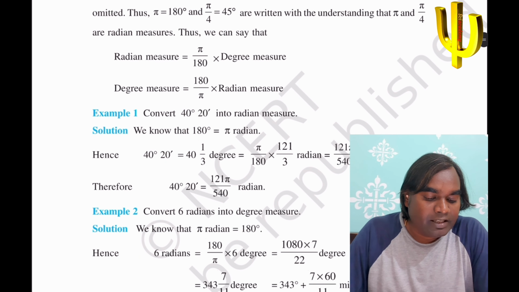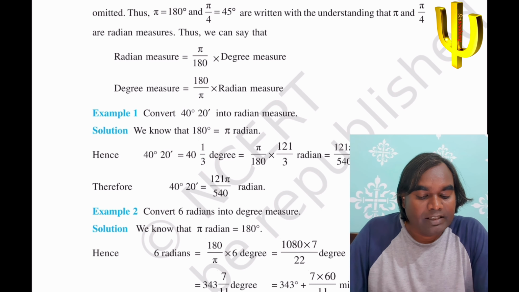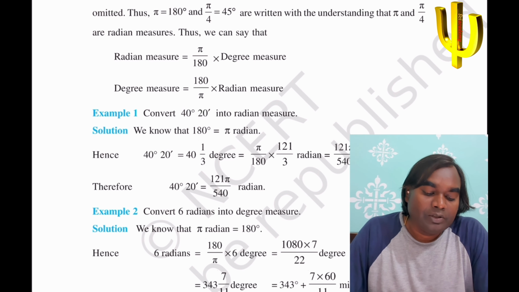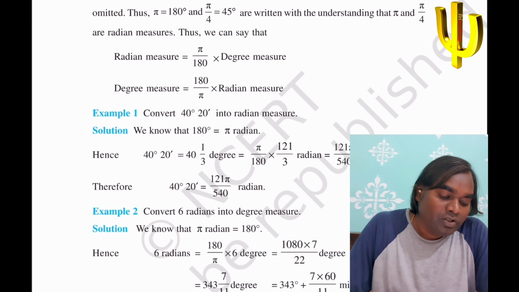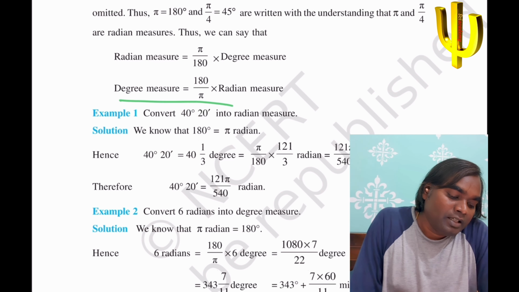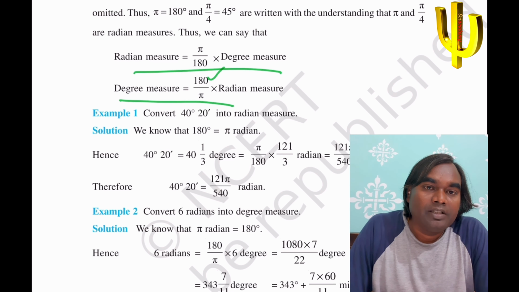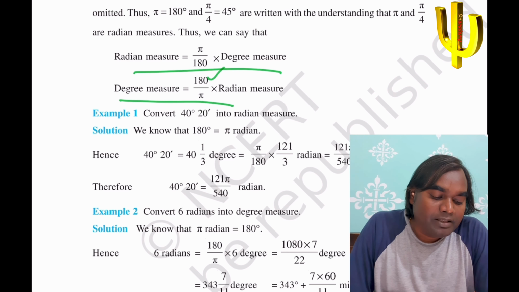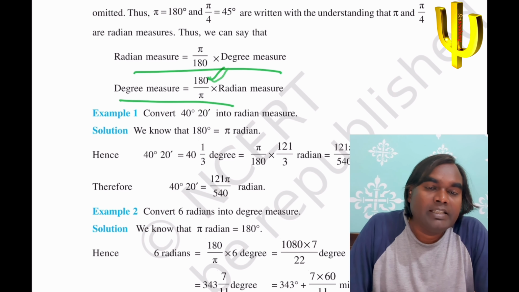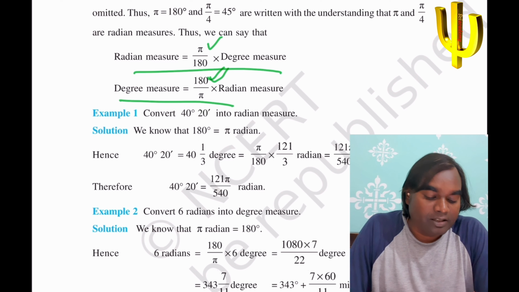So radian measure is equal to pi by 180 degree into degree measure, and degree measure is equal to 180 degree by pi into radian measure. So whatever you want to represent, substitute that value in the numerator. If you want to measure in degree, then write 180 degree in the numerator. If you want to measure in radian, then write pi in the numerator.